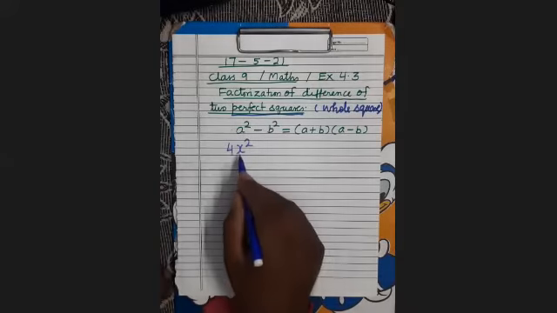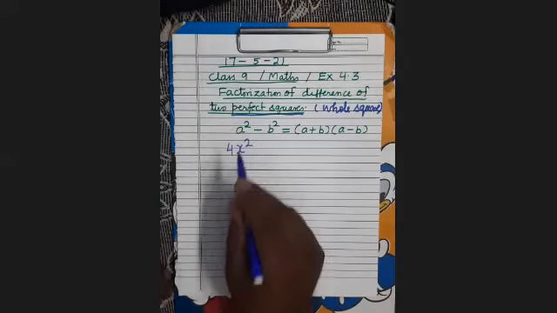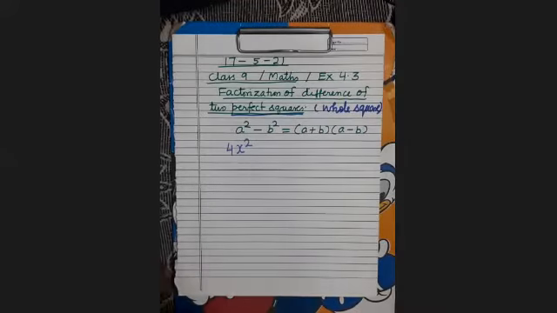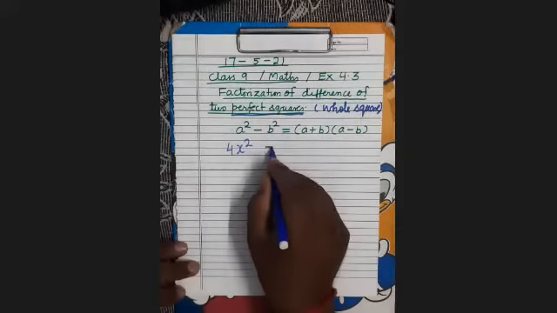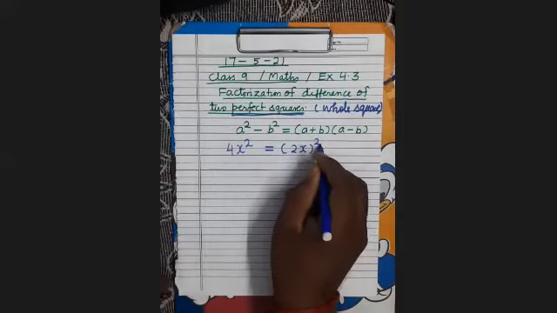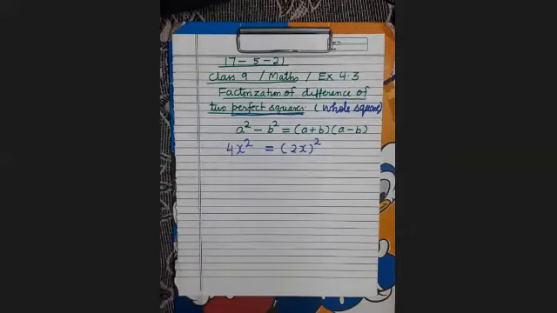Because here there is the square of x only, not of 4. But we can write it in the perfect square form. And how can you write it in the perfect square form? 2x ka whole square. It is clear. This can be written 2x ka whole square.